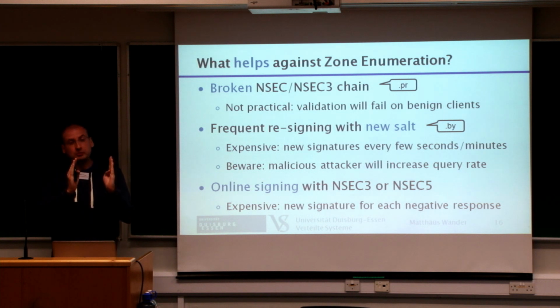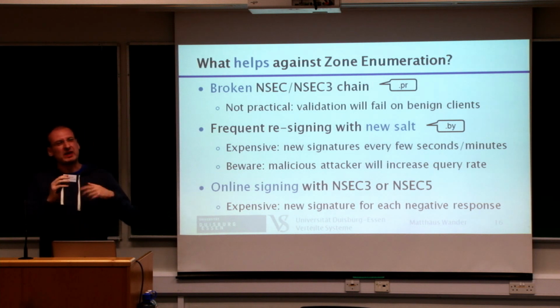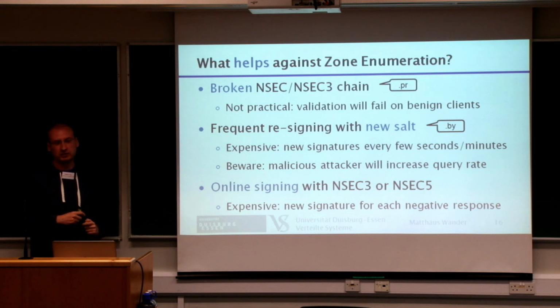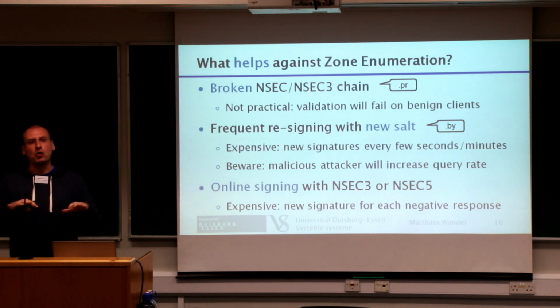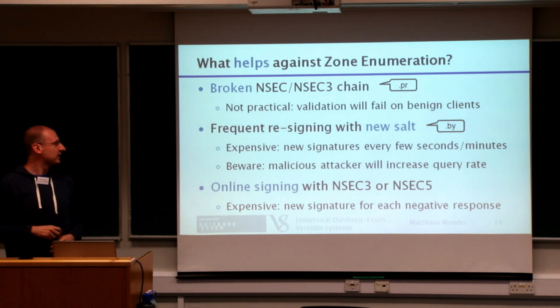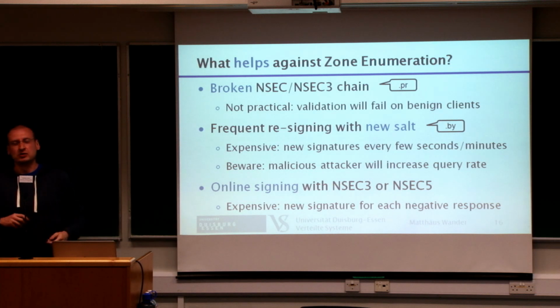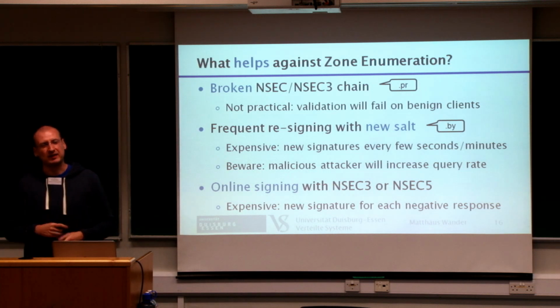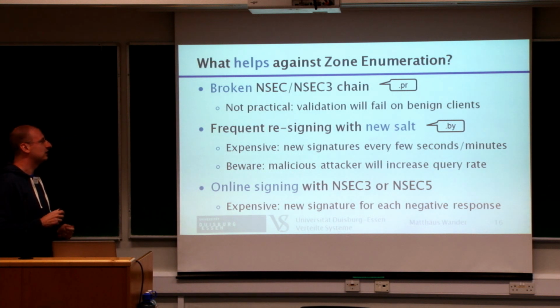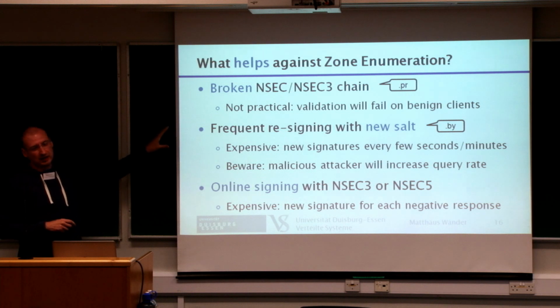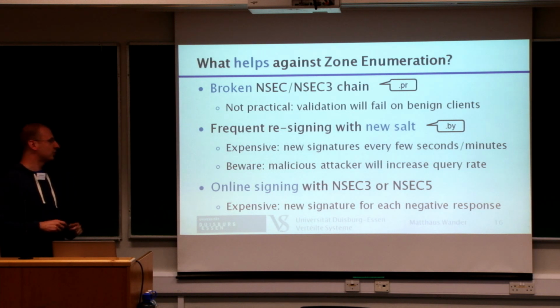And while this could be possible, this would mean I would have to send a lot of queries to the Belarus servers, and I didn't really want to do that. I had a rather low query sending rate. So this means I wasn't able to retrieve the whole chain, but a malicious attacker could just increase the sending rate, and they could succeed. But this is something I didn't want to try. So this could be a defense mechanism, but I'm not sure about this.